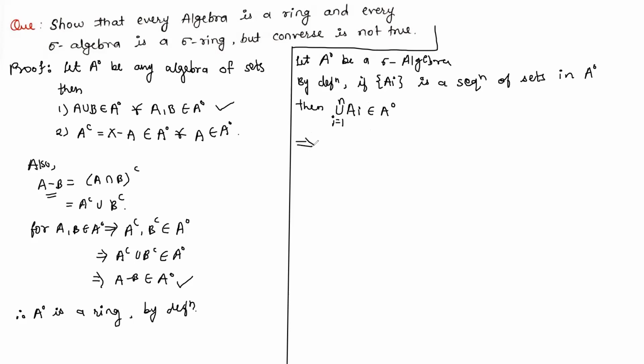So from this, the two ring conditions have already been satisfied by this algebra. Also, the third condition is satisfied by the definition of sigma algebra. Therefore, this implies that a sigma algebra is a sigma ring. That is, this algebra A dot is a sigma ring.